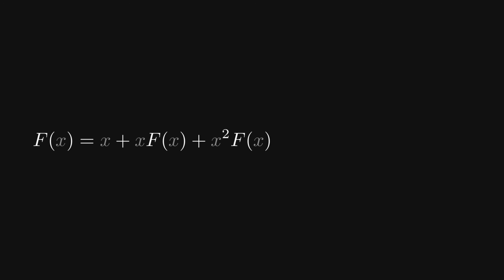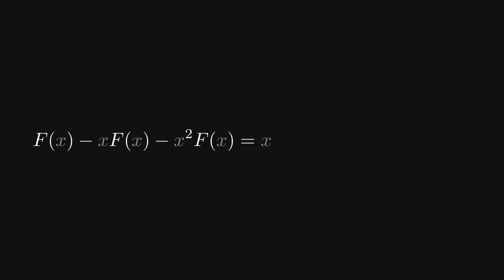By arranging all the terms with F(x) on one side of the equation, we arrive at F(x) minus x times F(x) minus x squared times F(x) equals x.